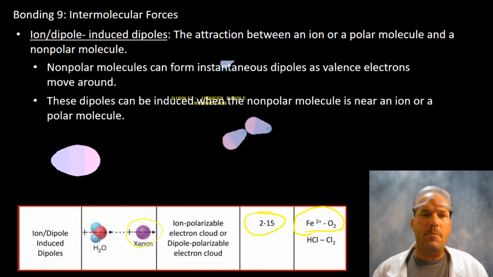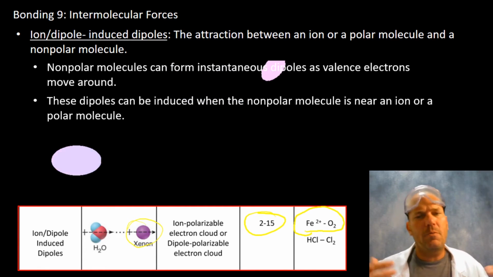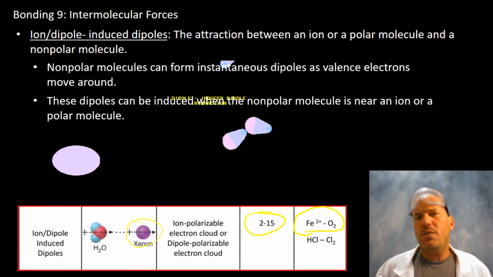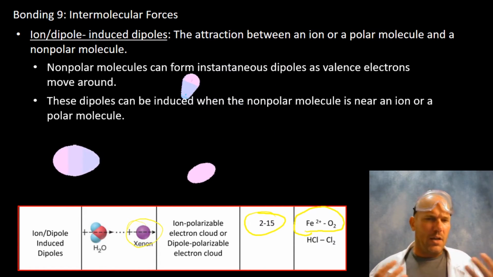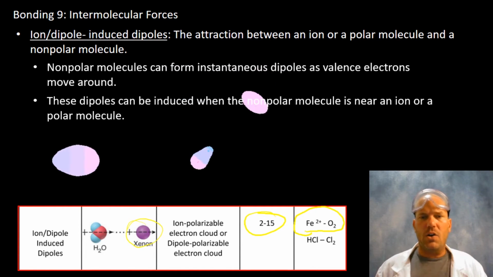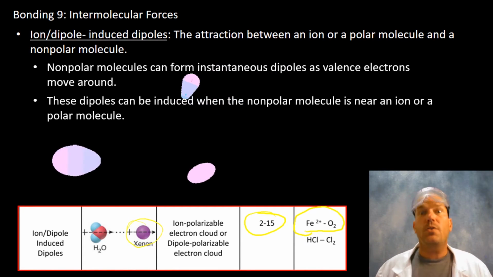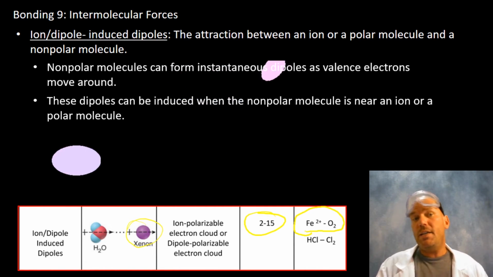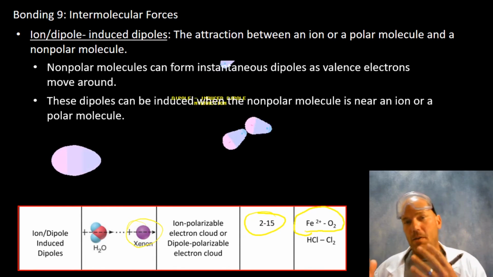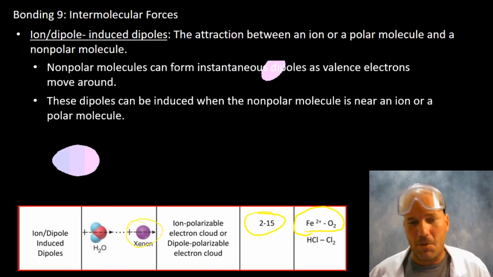Let's look at this example of polar molecules interacting with nonpolar molecules, and you can see the induced dipole that forms. It forms for just an instant, and then it is gone. It's dependent on the dynamics of the interactions occurring between the polar molecules and the nonpolar, or the ions and the nonpolar molecules. So these are induced dipoles.